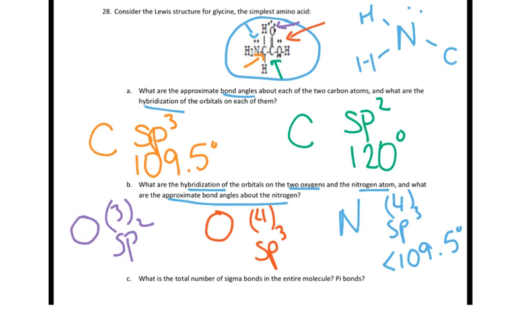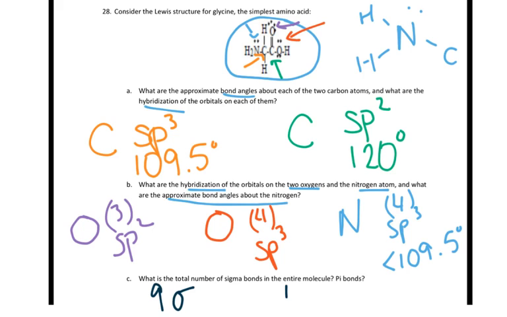That carbon that's double bonded to the oxygen, that's a sigma. It's single bonded to another oxygen, so that's a sigma, so I'm at 8. And then that oxygen's bonded to a hydrogen, so I'm at 9 sigma bonds. And then the double bond, we already accounted for the sigma bond in that double bond, but it also has a pi bond.